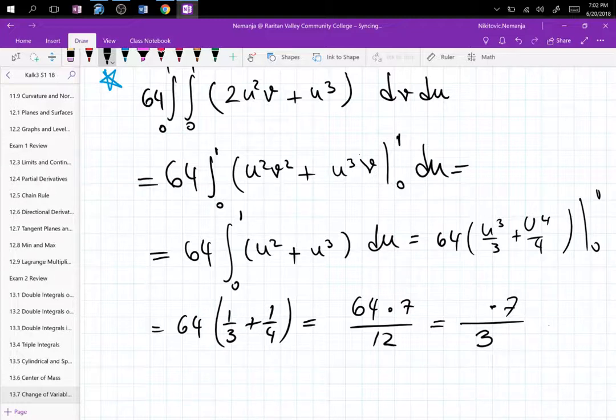So 4 into 64 goes 16, and 4 into 12 goes 3. Okay, great. Ta-da, done. There's the value of the integral.